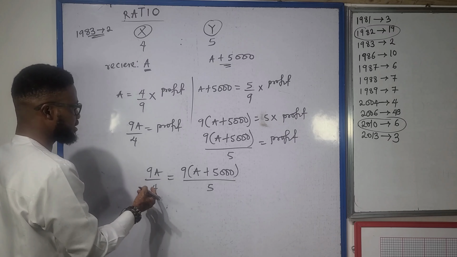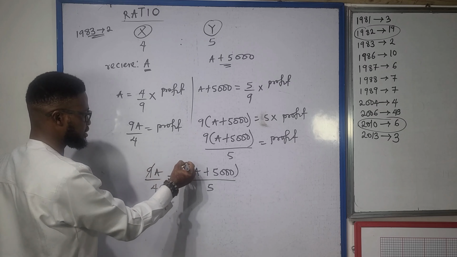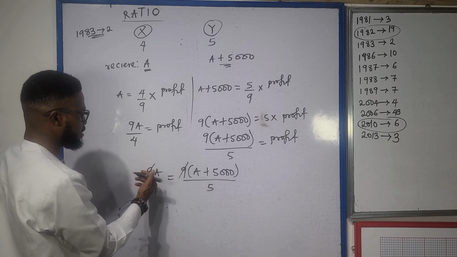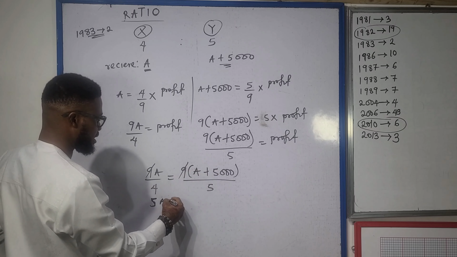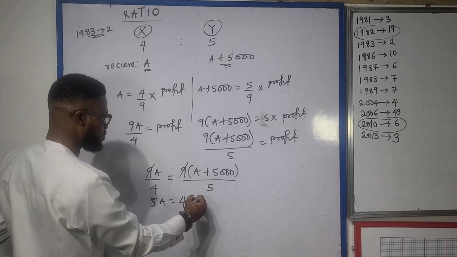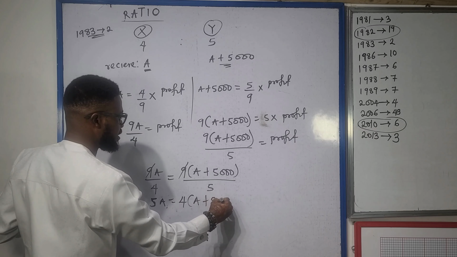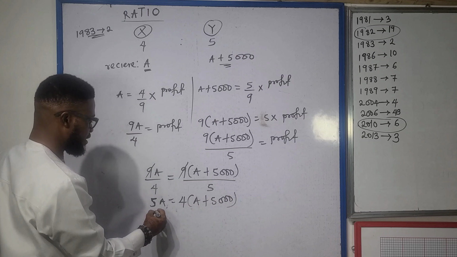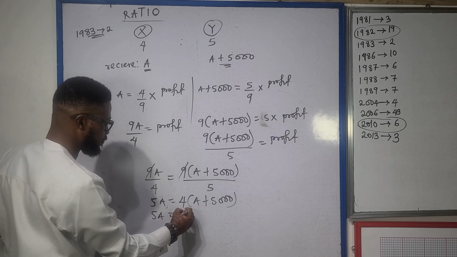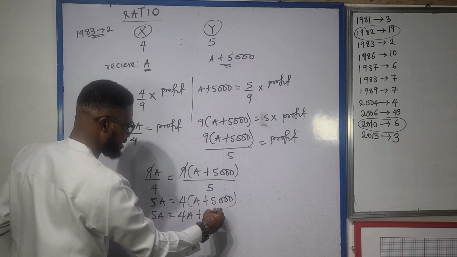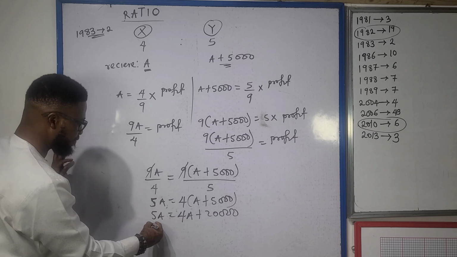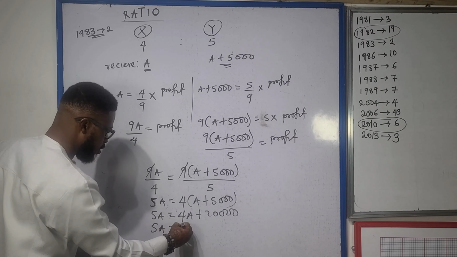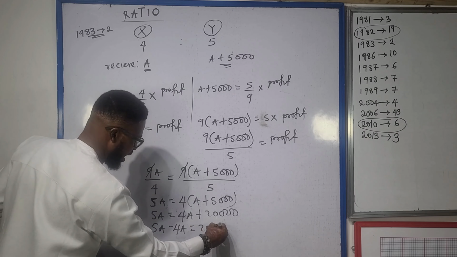Okay, the 9 is the same on both sides. 5A comes here, 4 moves here, that equals 4 into brackets A plus 5,000. Okay, 5A equals 4A plus 20,000 if we expand with 4. So 5A minus 4A equals 20,000.